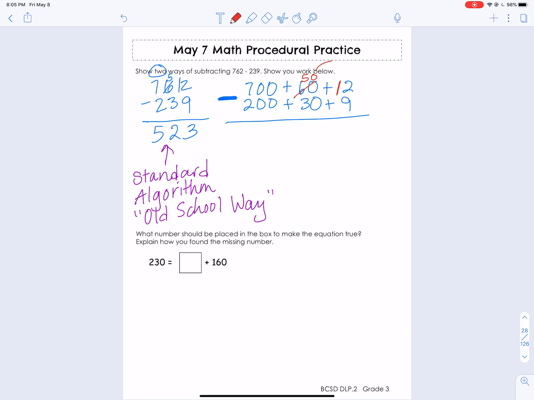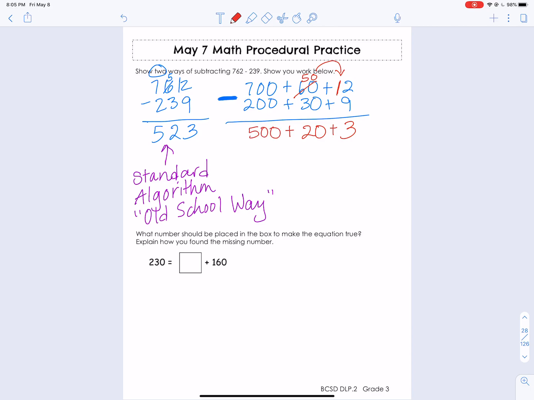I'll draw an arrow just so you can see where that 10 went. So that means I'm doing 12 minus 9 now, and I know that's 3. Now I'm going to do 50 minus 30 right here. That's 20. I'm going to bring down those plus signs that I had for the expanded form, and 700 minus 200 is 500.